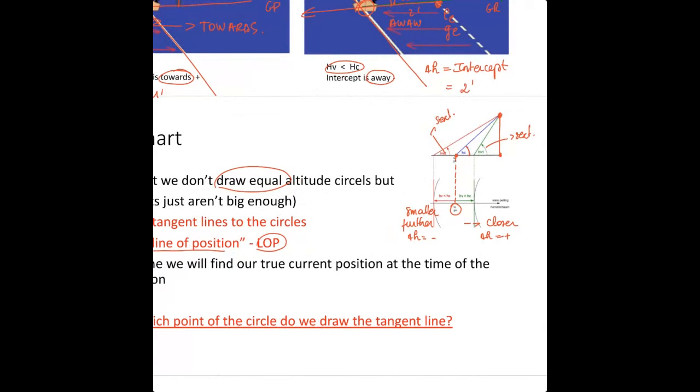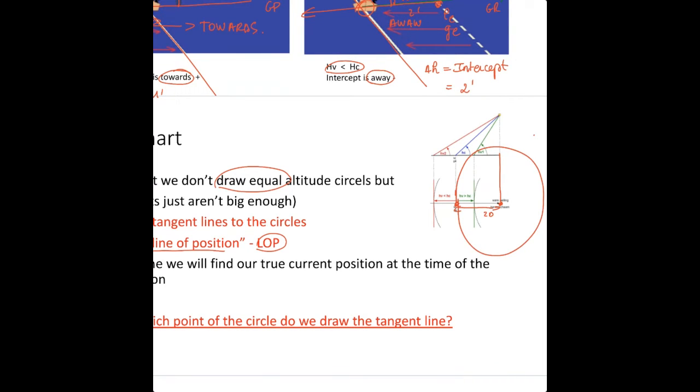If we have a calculated altitude, what would we have? I'll erase this a little bit. What would we have? If this is the celestial body, we would actually be on an equal altitude circle based on our HC and the zenith distance that corresponds to HC.